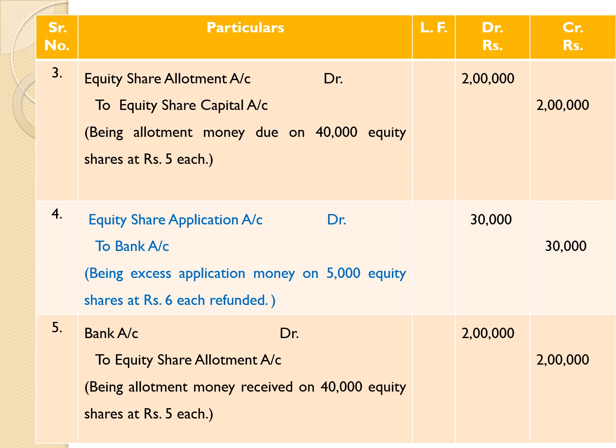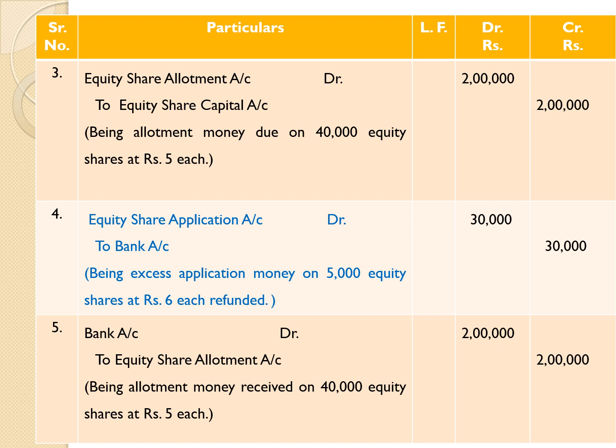So, equity share allotment account debit 2 lakh, whereas capital account is credited to equity share capital account 2 lakh, being allotment money due on 40,000 equity shares at rupees 5 each.